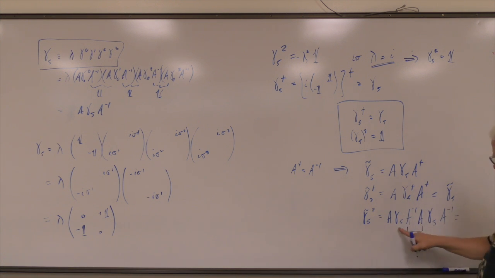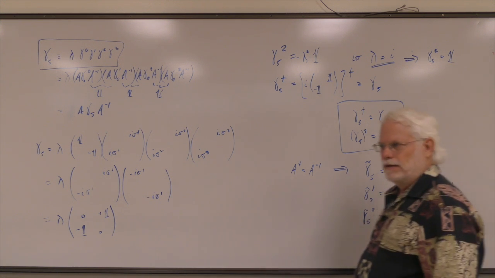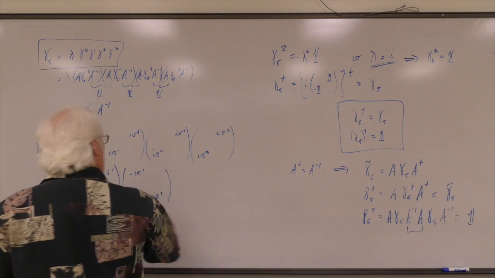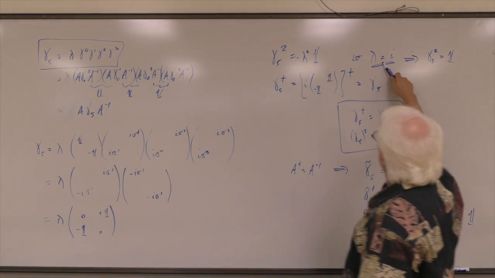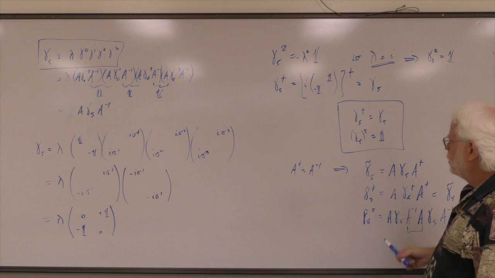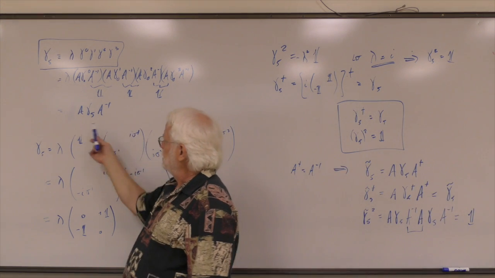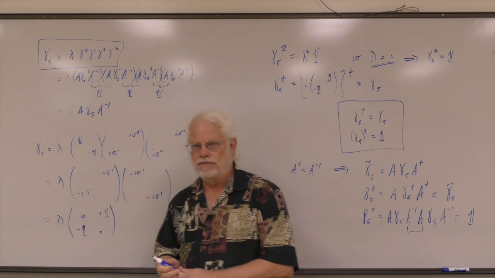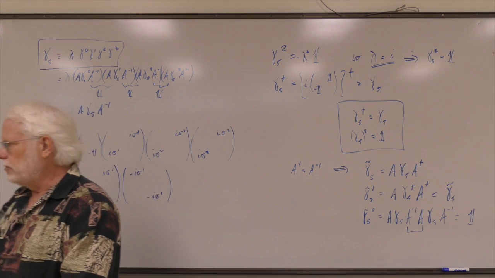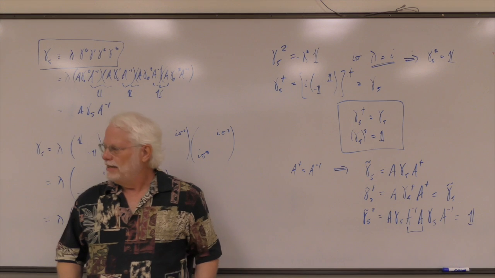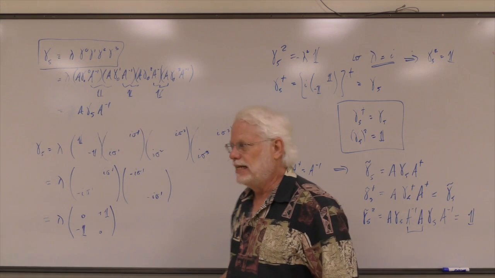A gives 1; gamma 5 squares to 1, and then A inverse is 1, and so it still squares to 1. So these properties that we get by choosing lambda conveniently hold for any unitary transformation, any similarity transformation of gamma 5. So there are still a huge number of possible bases for these gamma matrices.